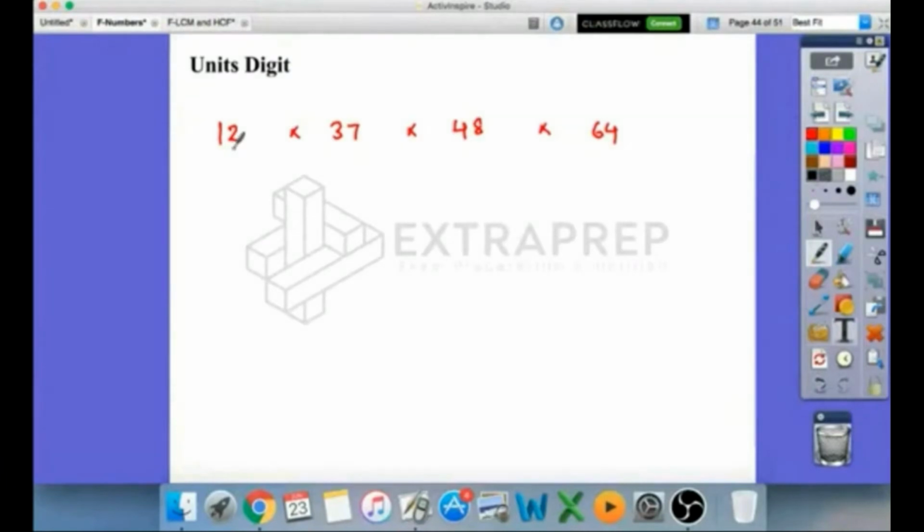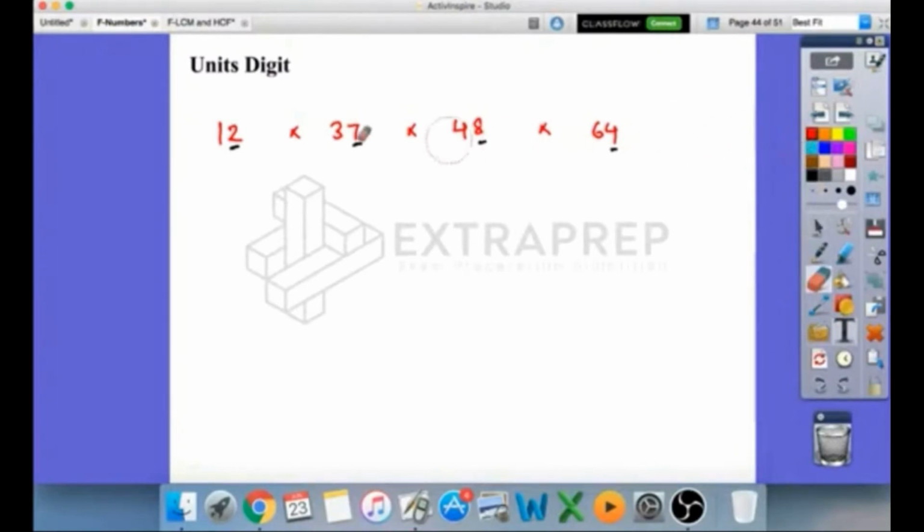We only consider the units places and multiply them. 2 sevens are 14, the last value is 4. 4 eights are 32, the last value is 2. 2 fours are 8. So obviously the answer should be 8. If you multiply all these values, the large value would have 8 at the last. This is what we conclude if the question is like this.